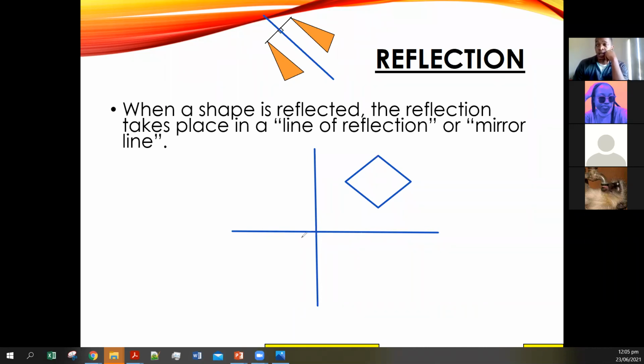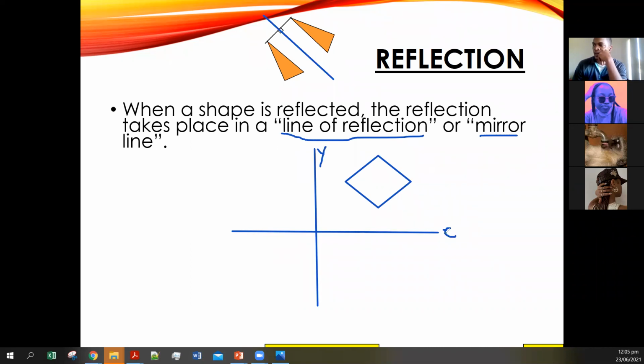When we are referring to the line of reflection and the mirror line, it is not by default the y-axis and the x-axis. Many students, because the textbook sometimes just uses the y-axis or the x-axis to reflect the shape.